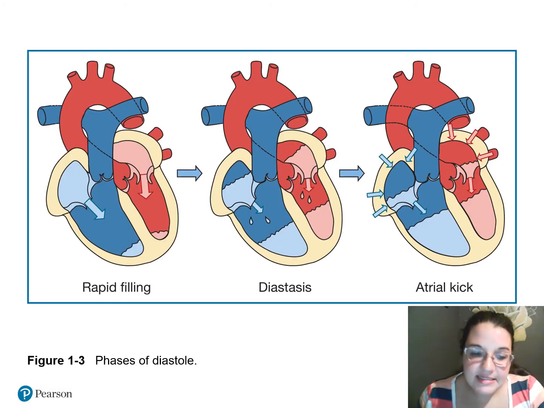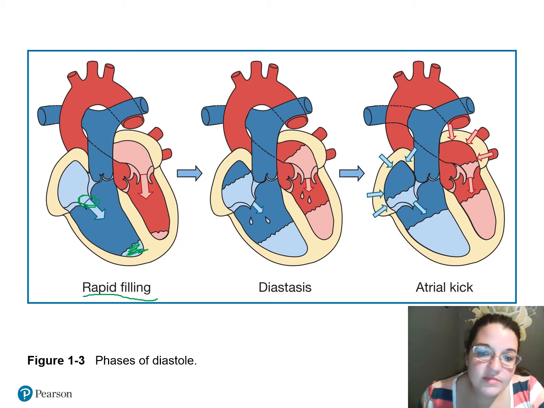All right, here's an example. So let's do green. So here in the rapid filling phase, you see that my tricuspid valve door is open and I am filling up with blood right here. So this is filled up and the blood is coming down. Rapid filling, it's going really fast.